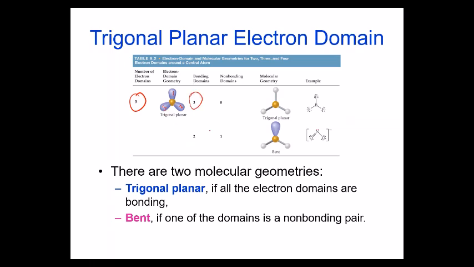Now you can have 2 situations, 3 bonding atoms, 3 ligands, or 2 atoms and 1 lone pair. So we have 2 shapes within this domain. We have the trigonal planar and we have the bent. All right, so pay attention to that. We're going to go over these examples. They're lots of fun, especially in the realm of the bent examples.